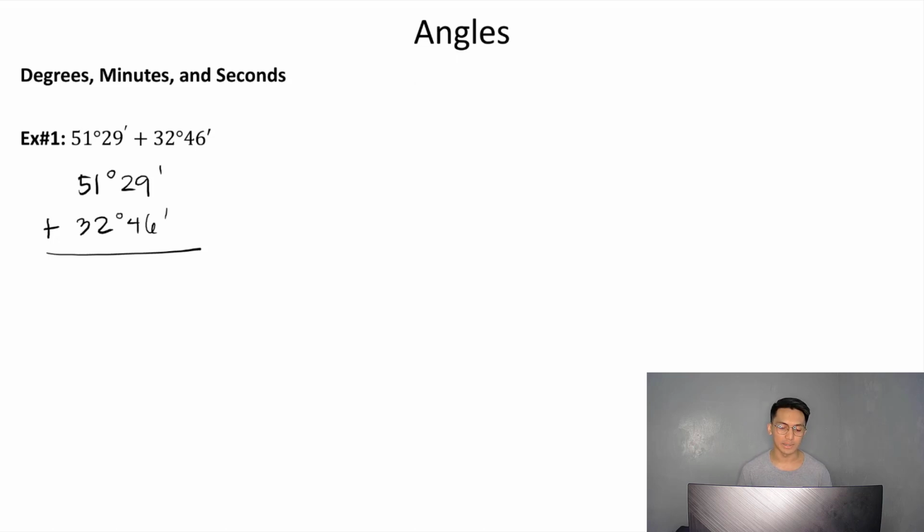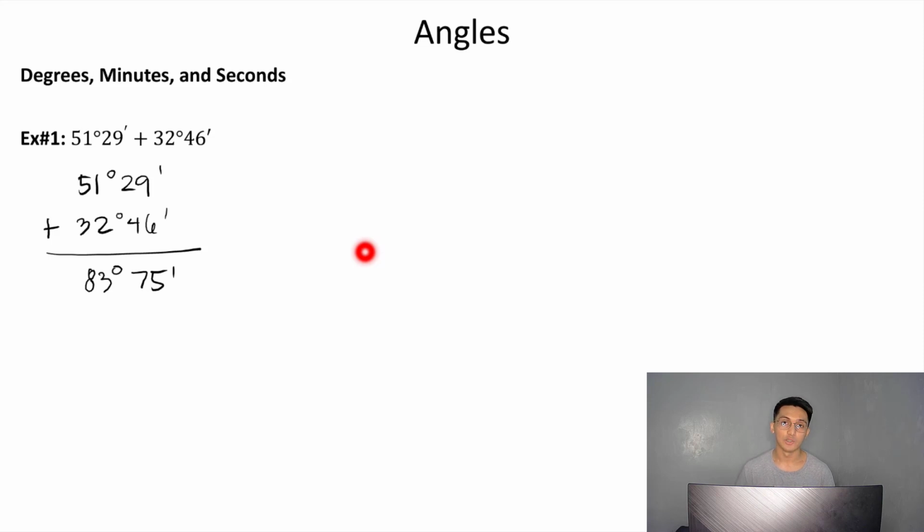So 29 minutes plus 46 minutes, we have 75 minutes. And 51 degrees plus 32 degrees, we have 83 degrees. So, kung mapapansin natin, napaganda natin siya, but this is not the final answer yet.